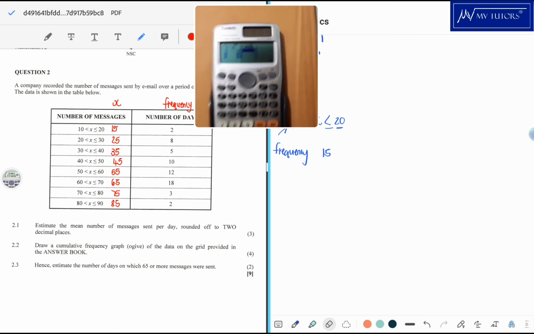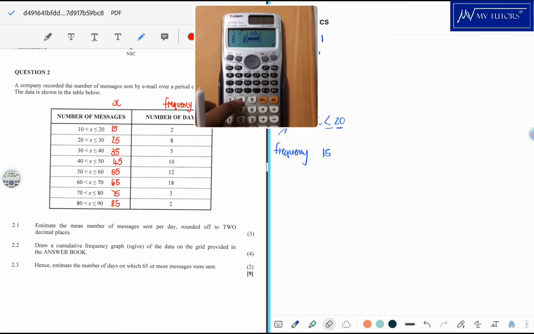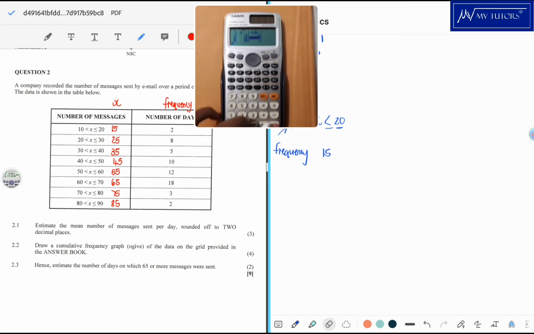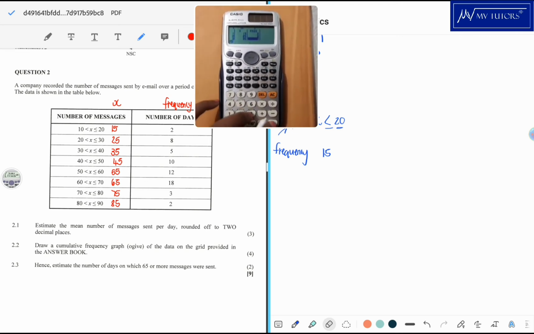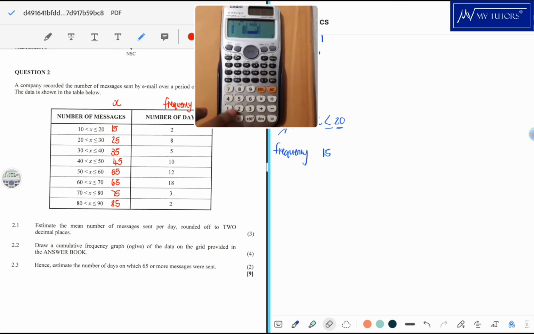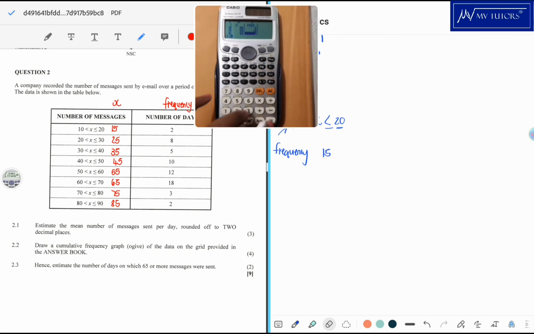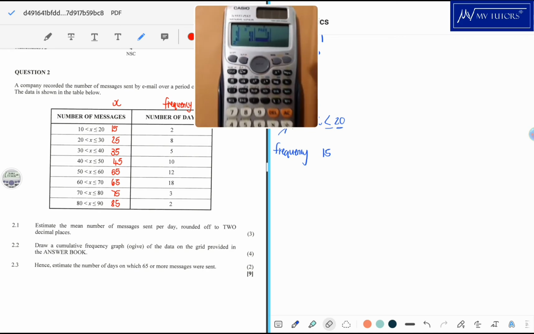For 15 we have 2, then 8, then 5, then 10, then 12, then 18, then 3, and 2 as the last one.